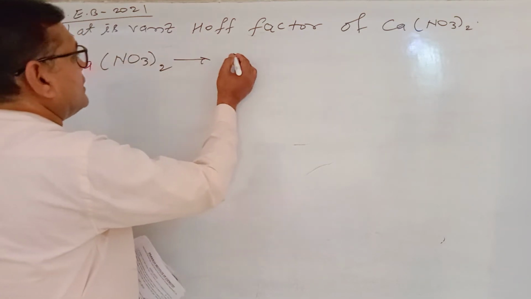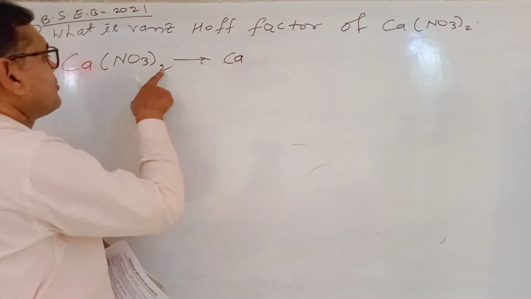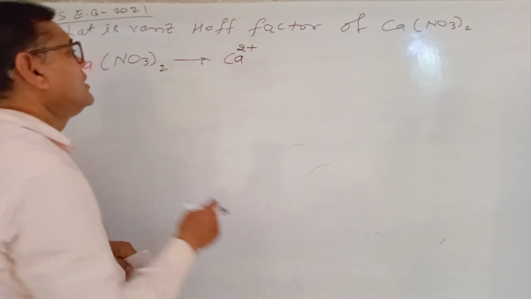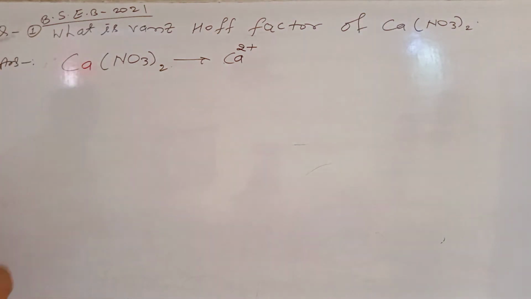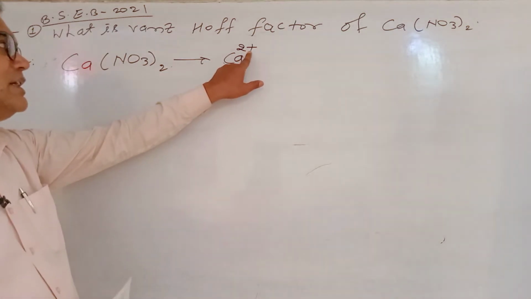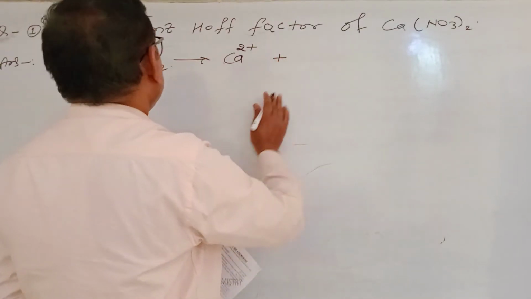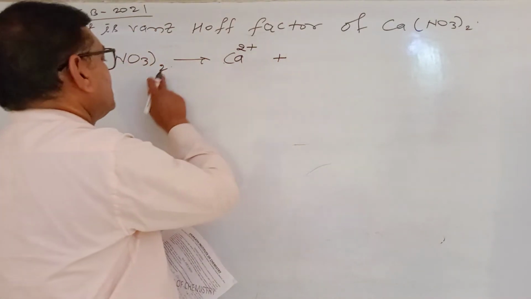We write here Ca. The valency of calcium is 2. Therefore, we write 2 plus, due to calcium is an electropositive radical. Therefore, we write here positive charge. Here we write plus 2.